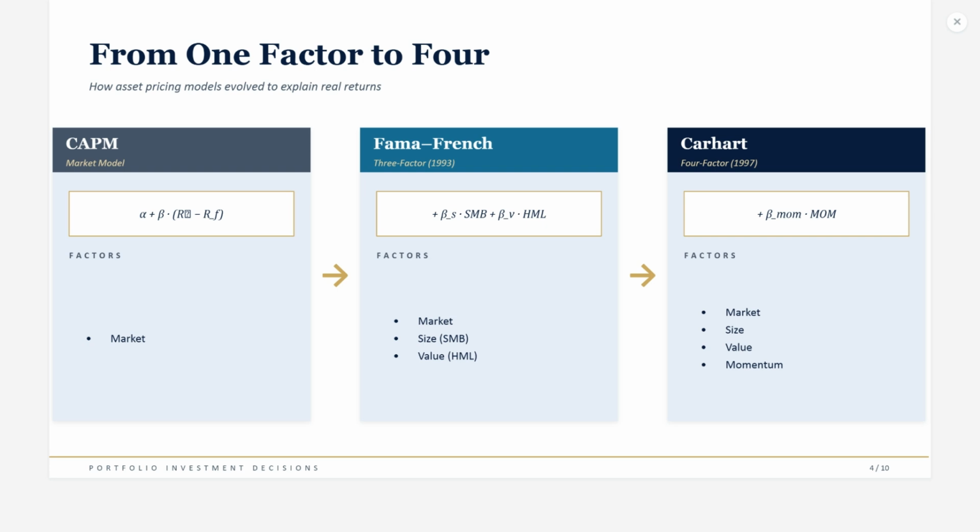In the Fama French model, we see three factors: market, size, and value. In the Carhart model, which was introduced in 1997, there are four factors: market, size, value, and momentum.